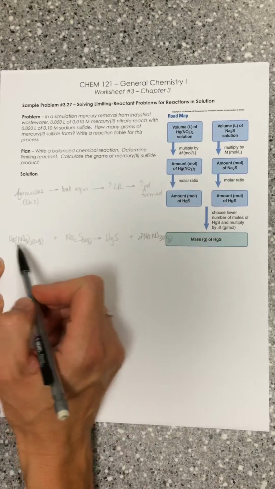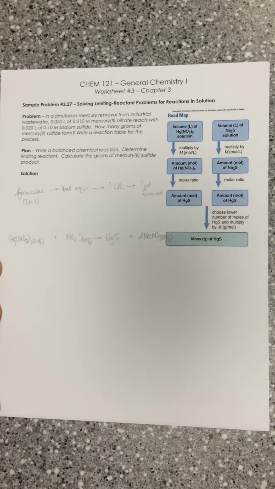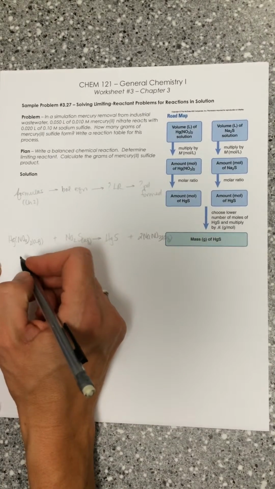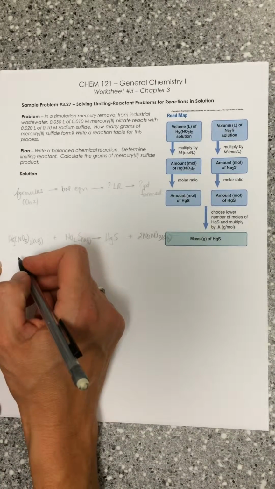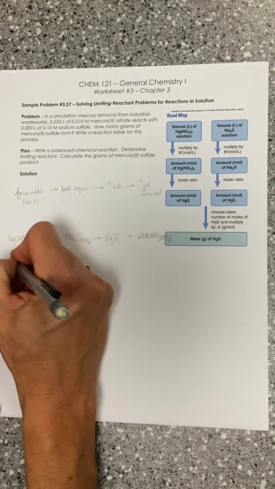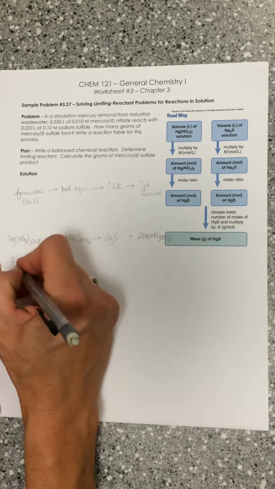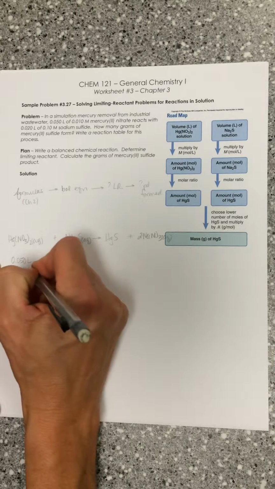Now we have to add underneath our balanced chemical reaction some information that's also provided in our problem. They tell us that we have 0.05 liters of a 0.01 molar mercury nitrate solution, so I'm going to write that here: 0.050 liters, and our concentration is 0.010 molar.